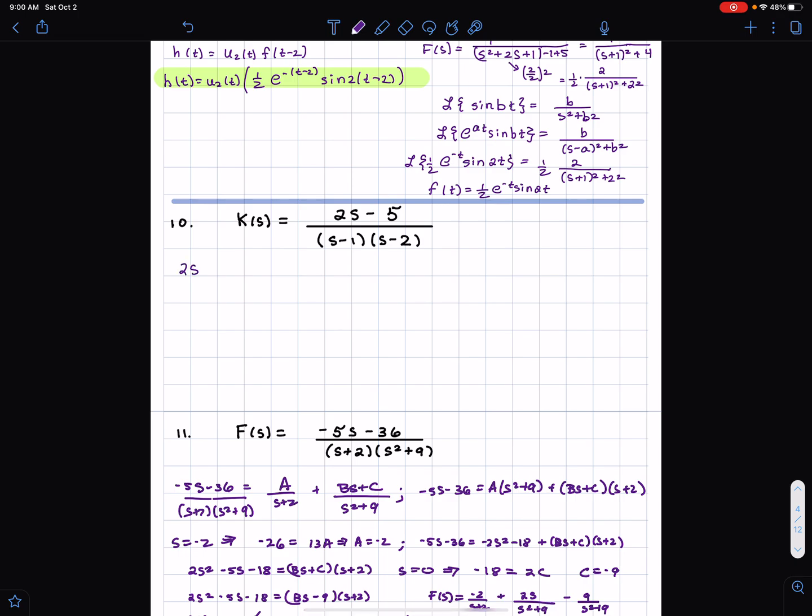So we have 2s minus 5 over s minus 1, s minus 2 equals a over s minus 1 plus b over s minus 2. And we clear the fraction.